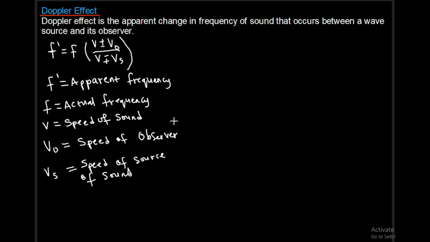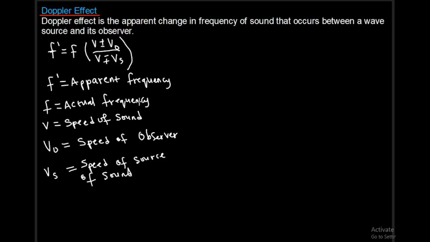The same thing happens when the police car is leaving town A, moving out and maybe going back to where it came from. As it moves away, you discover that the frequency of the sound becomes smaller or reduces. So that change in the frequency of sound due to relative motion is what we call the Doppler effect.